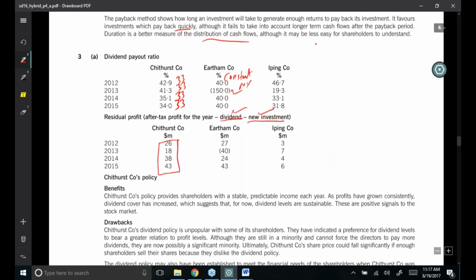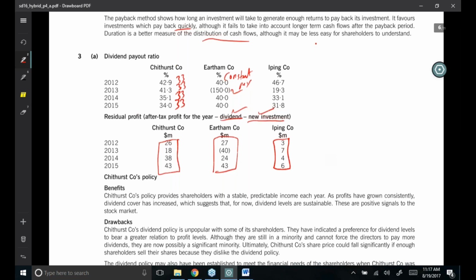Why is this company not reinvesting? If it is not reinvesting, then it should repay these amounts to its shareholders. Same is the case here. This company is distributing almost all of the amount left after investing in suitable new investments.